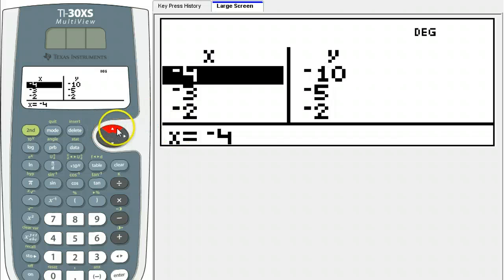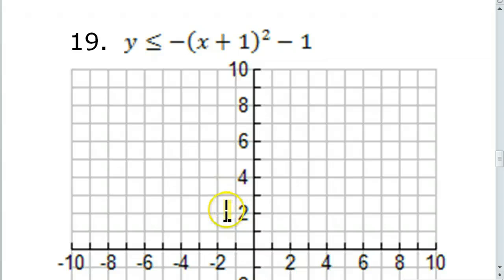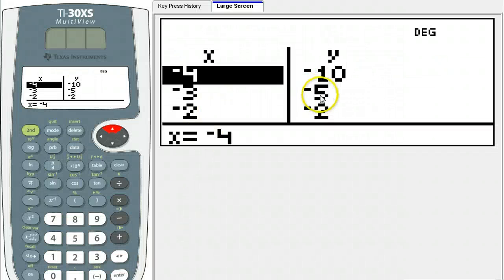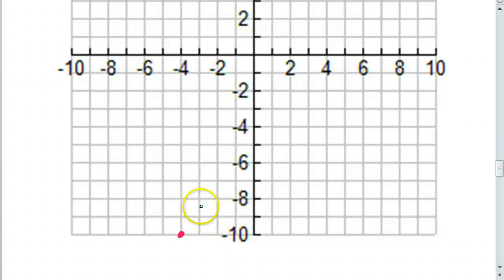Okay, so negative 4, negative 10 is the first point that's going to fit. So graph that, negative 4, negative 10. That's going to be right here. After that, it's negative 5, negative 2.